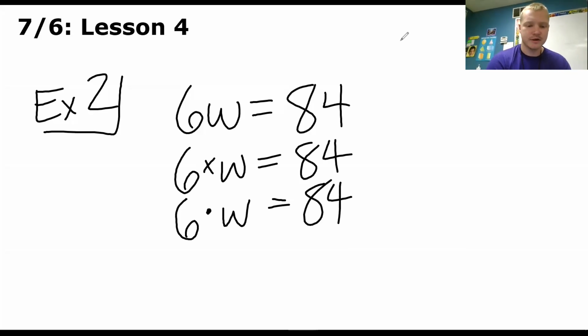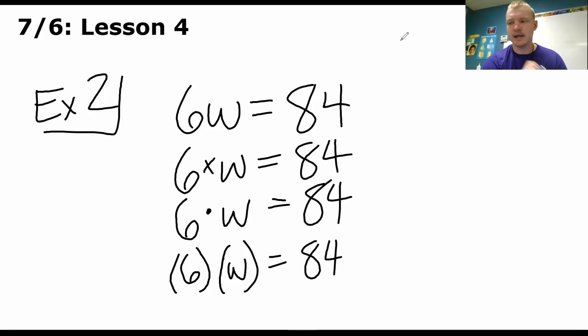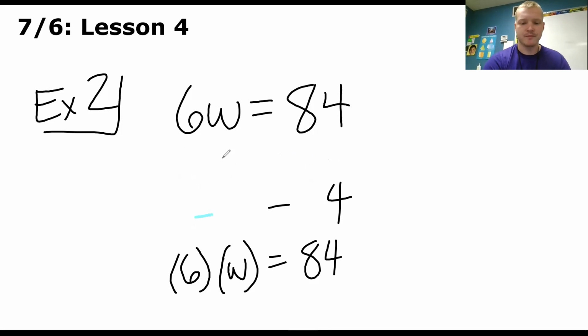Another way you could see it written is in parentheses, with just one of them or even both terms. They're all the same way of writing a multiplication problem. So if you see something in this way, 6w, that means 6 times w, okay? All right, so knowing that, let's get started on this problem.